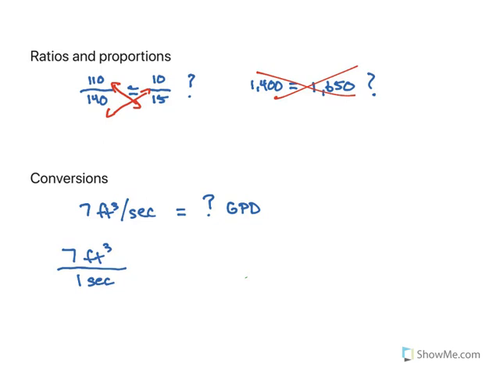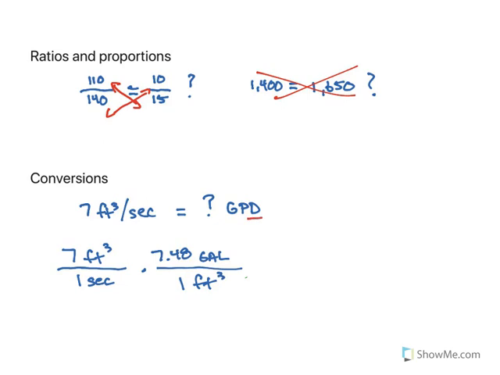How many cubic feet in a gallon? There are, or how many gallons, I'm sorry, in a cubic foot? There are 7.48 gallons in 1 cubic foot. And then finally, I want to find gallons per day.